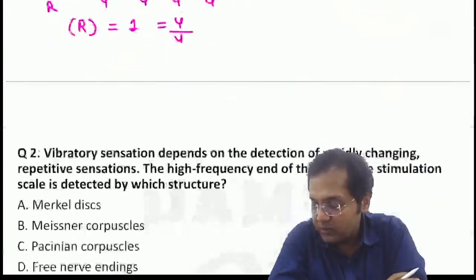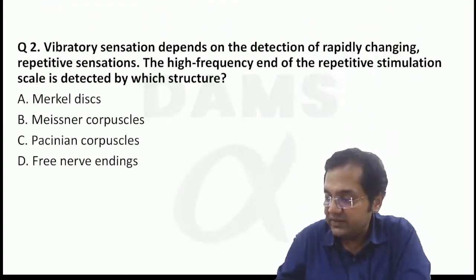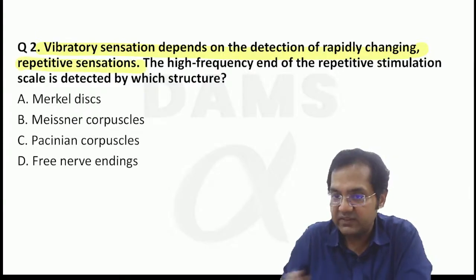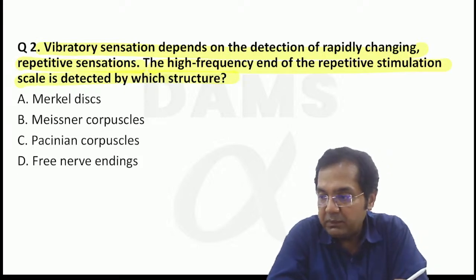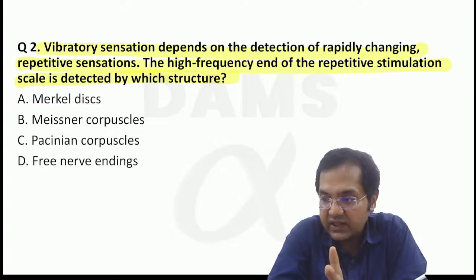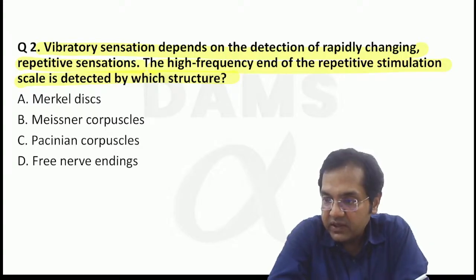Let's move to question number 2 now. Vibratory sensations depend on the detection of rapidly changing repetitive sensations. The high frequency end of the repetitive stimulation scale is detected by which structure? Remember, there are two types of vibration, as we say. The high frequency one, which is up to 800 cycles per second or 800 hertz, and then the slow vibrations up to 80, right?